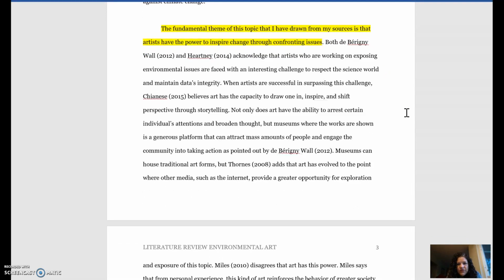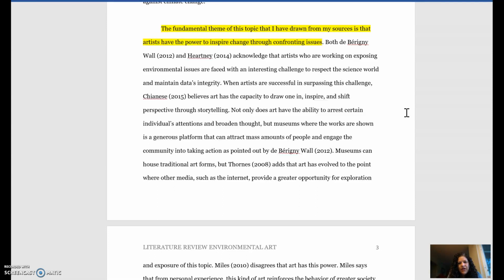When artists are successful in surpassing this challenge, Chinese, I don't know how to say that, believes art has the capacity to draw one in, inspire, and shift perspectives through storytelling. Right, so that builds on, it's a continuation, sort of like an add-on to what the other one says.